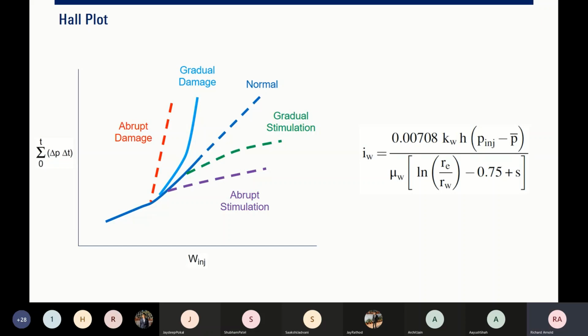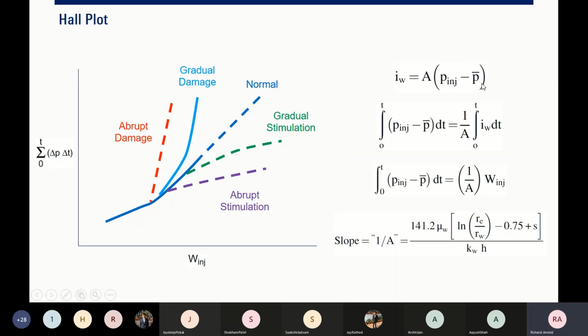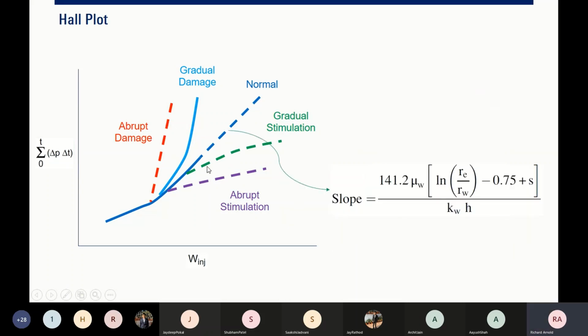Okay, either you have sustained injectivity, higher injectivity, or decreased injectivity. We can construct it by deriving this equation to finally obtain the equation for the slope. All right, so this line has a slope, and the slope can be numerically calculated using this equation.